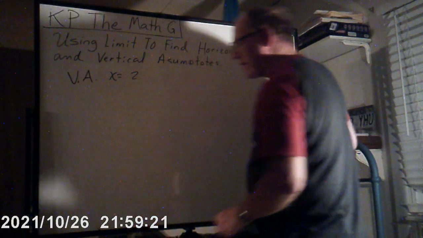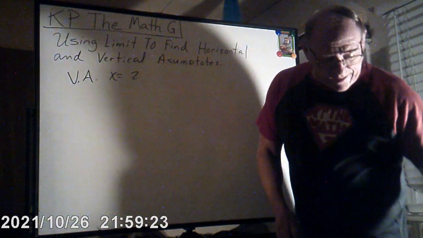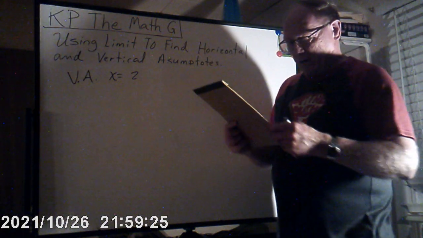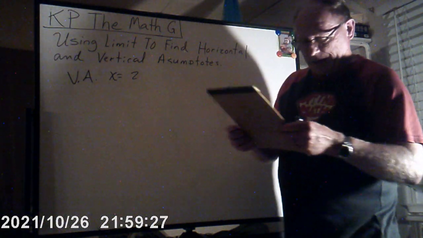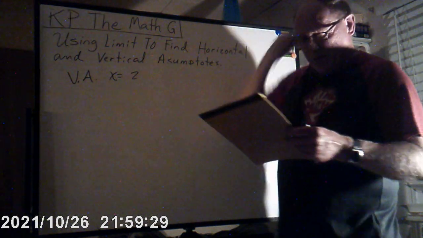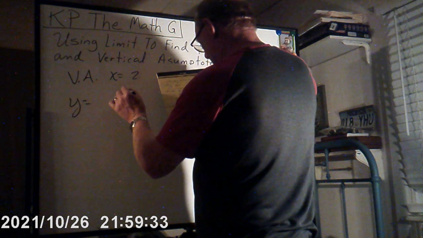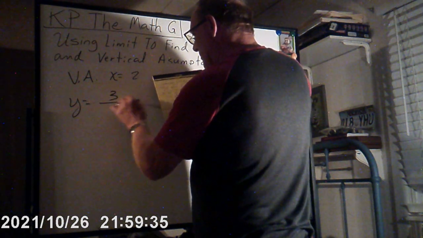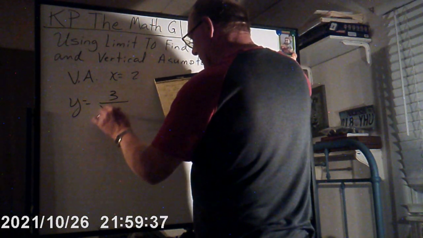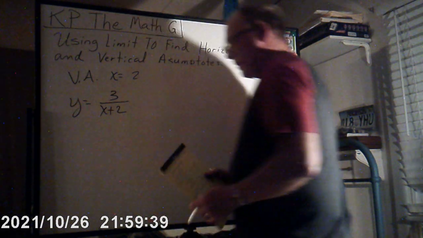So let's take a look at the vertical. Let's get an example here, and we are going to do the vertical first. And here's what we got to do. Let's say we got y is equal to 3 over x plus 2.